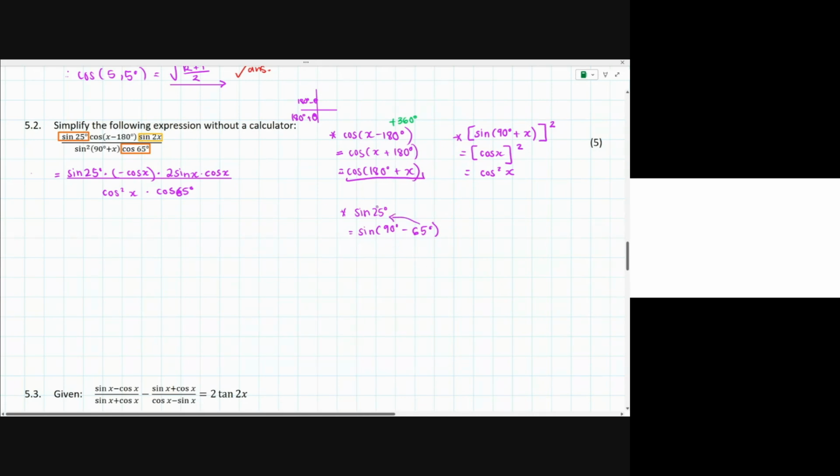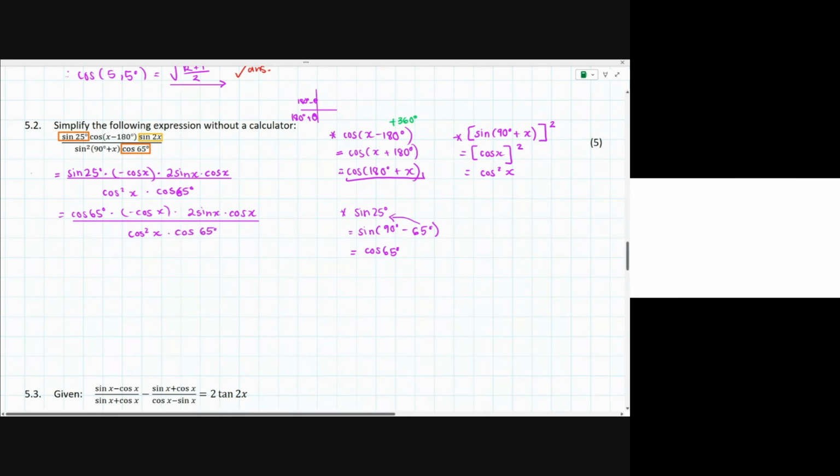That's the same thing, it's just in a co-ratio format. Sine of 90 minus is cos of that angle. So sine 25 can be written as cos 65. And then I obviously have all of my other stuff that I have worked out. Again, if you can do this all in one go, that's awesome. I'm just going step by step so that we understand what we're doing.